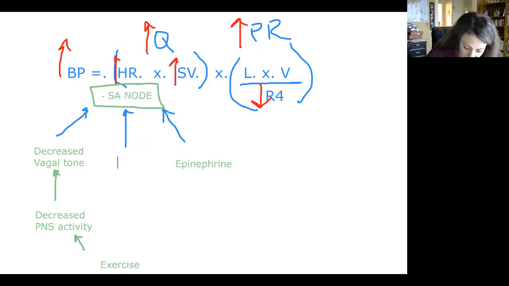Okay, what else goes here as the third thing that acts on the SA node? We have the vagus nerve, we have the epinephrine, and what's the other thing? Sympathetic cardiac nerve.